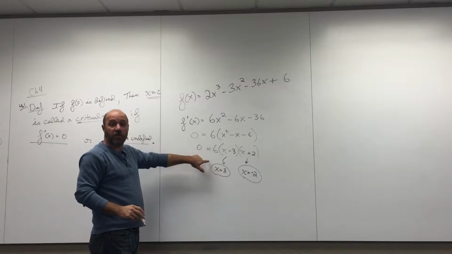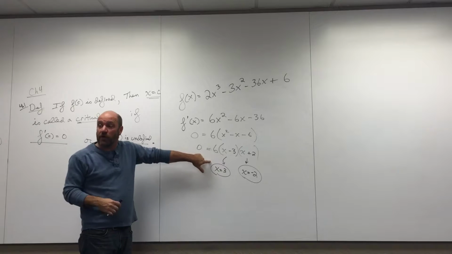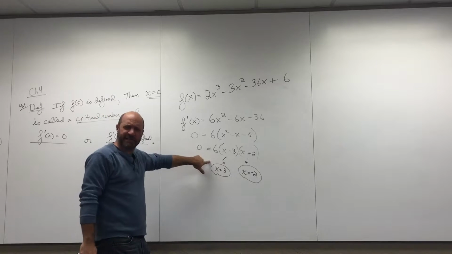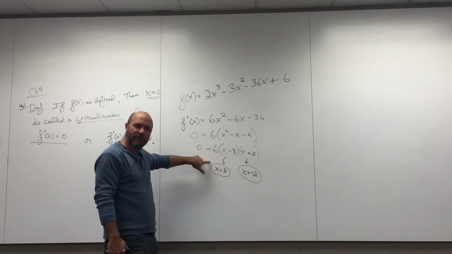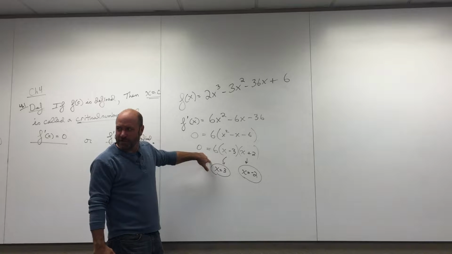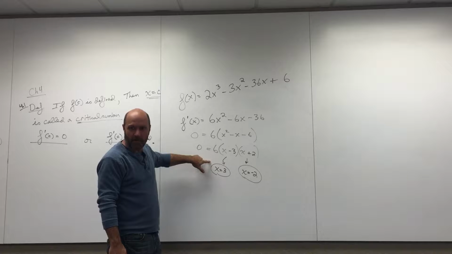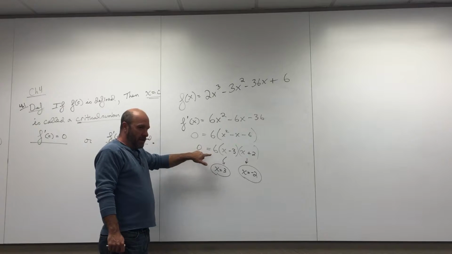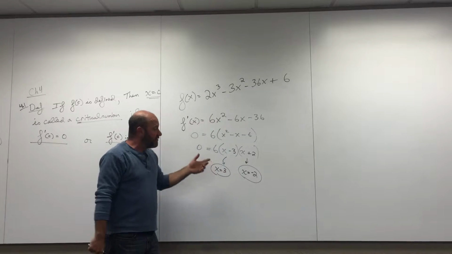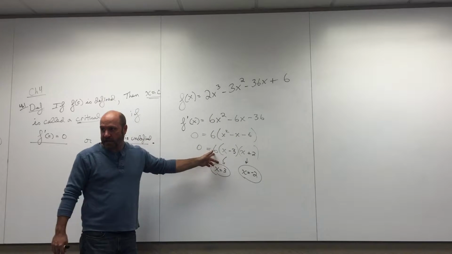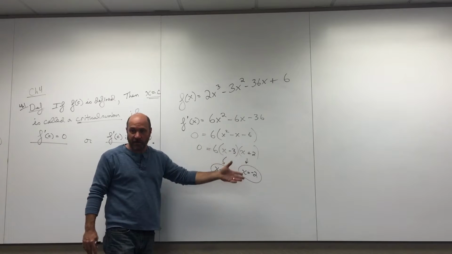Or if you wanted to set the 6 equal to 0, you could ask yourself, when does 6 equal 0? Anyway, never. The game of setting each factor equal to 0 is important, but the factor 6 doesn't produce any answers, right? But we set each factor equal to 0.